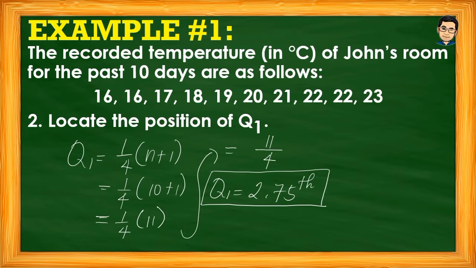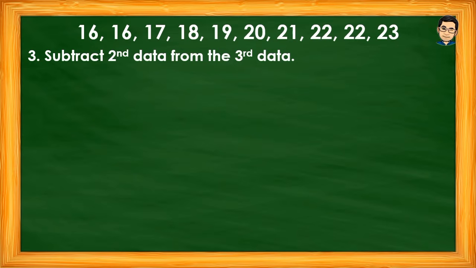Okay, so saan located ang 2.75? Sa pagitan po yan ng second and third data. Okay, so kailangan kasi natin yan mamaya sa step number 1. Now, for the next step, subtract second data from the third data.